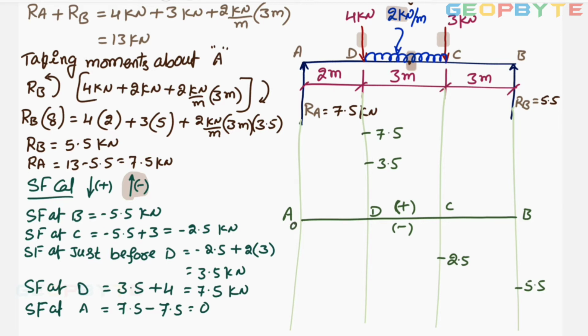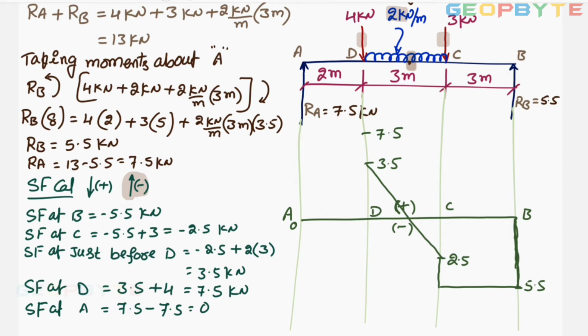Now start from the B, go for the value, come to the next line, go for the value, join the effect of UDL on shear force. It is a straight line variation.